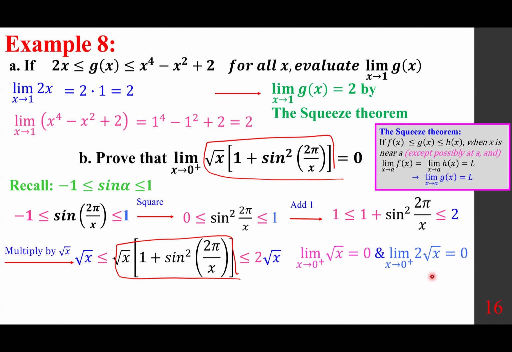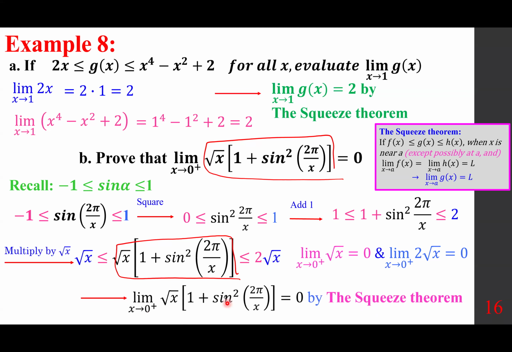If that is the case, therefore, the limit of the given square root of x times (1 plus sine squared 2π over x) as x approaches 0 from the right must be 0 by the squeeze theorem.